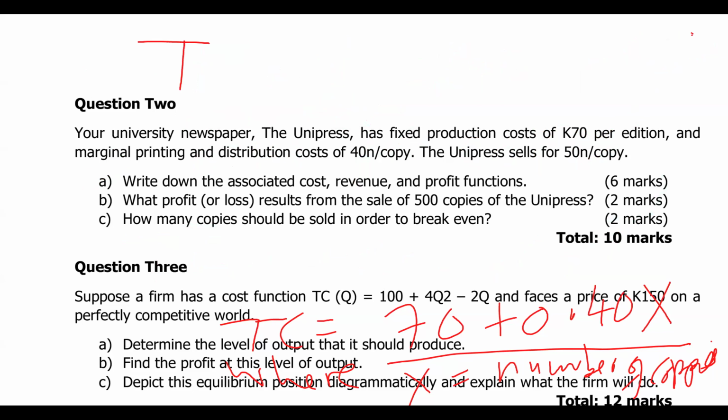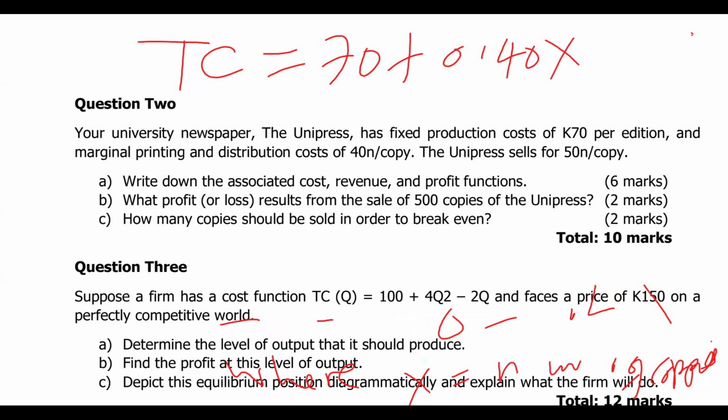Let me write the total cost: total cost is equal to 70 plus 0.40X, where X is the number of copies. To find the marginal cost, you take the first derivative, using calculus.